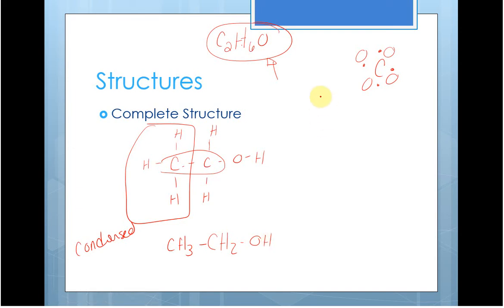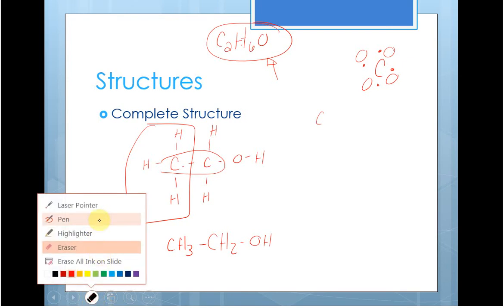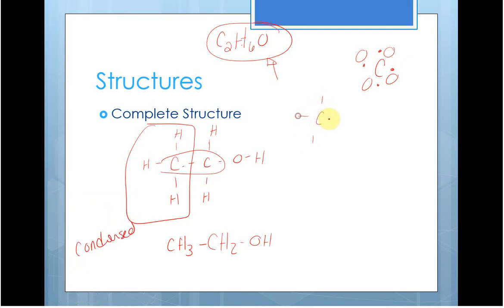So the complete structure, say for, let's do butane. Let's go ahead and do the expanded. And so all of these are H's.